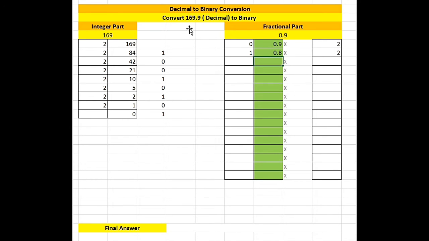When 0.8 is multiplied by 2, it should be 1.6. So 1 has to be written here, and 0.6 has to be written somewhere here.